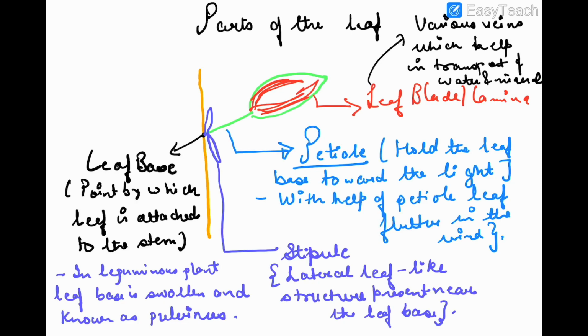Now, the central vein, see, I am drawing here the central vein, is known as midrib. So here I have explained all the parts of the leaf: leaf base, stipule, petiole, leaf blade, and the midrib.